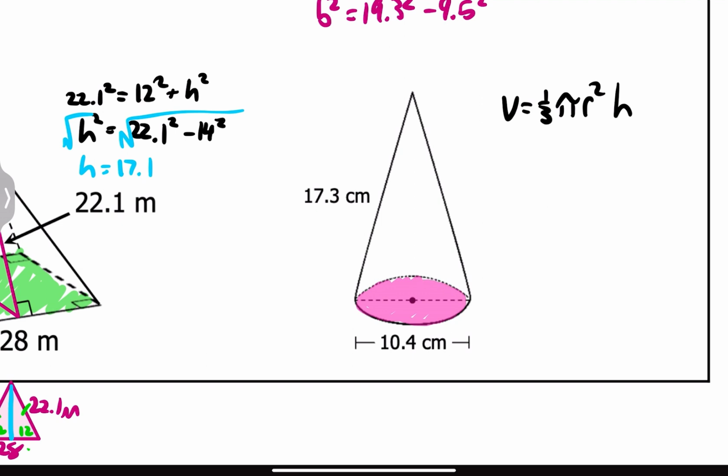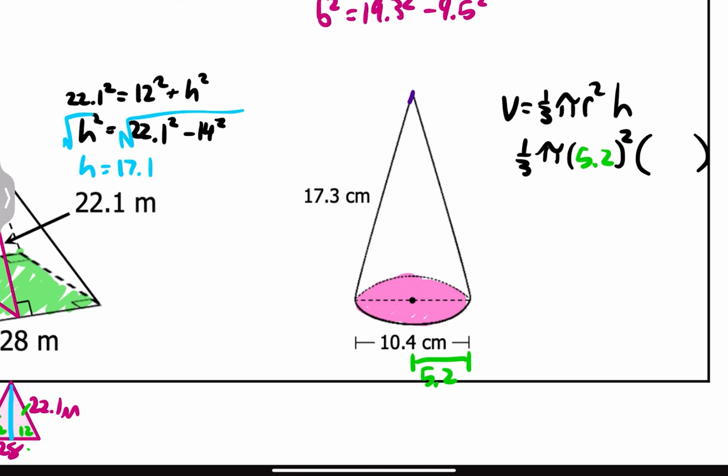So now you just have to figure out what our information is. Well, first, on the bottom face, we have 10.4 is the diameter, so we know for sure that each side is 5.2. So our radius is 5.2. Now we're going to square it. Now we need to figure out our height.